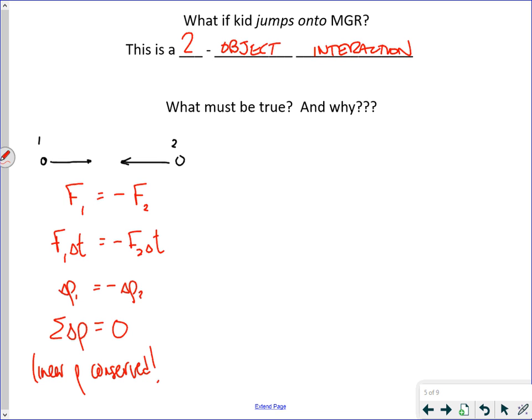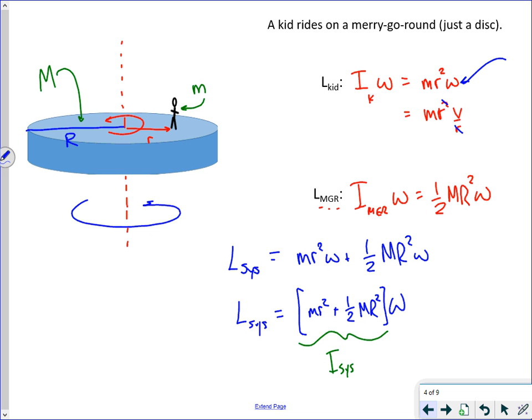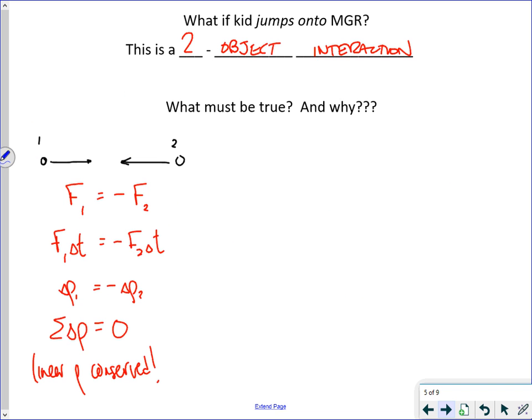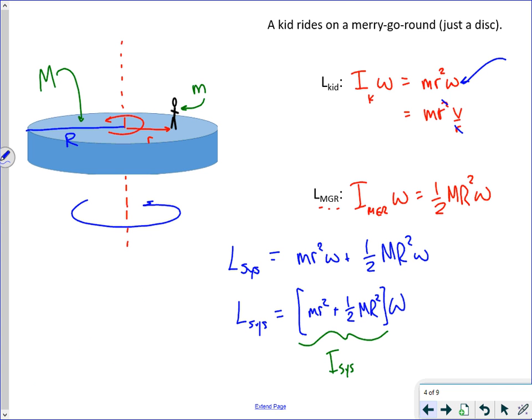Well, in our new context, kid and merry-go-round, kid jumps on the merry-go-round, there's rotational things happening. And the kid interacts with the merry-go-round, not just yes or no interacts, but interacts at a specific place. The kid applies a force to this object at a certain place. There's a force applied to the kid at a certain place relative to this axis.